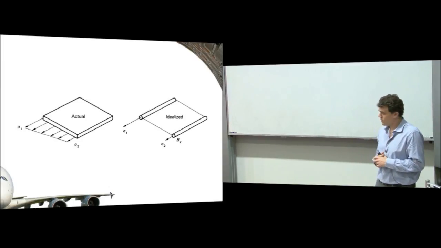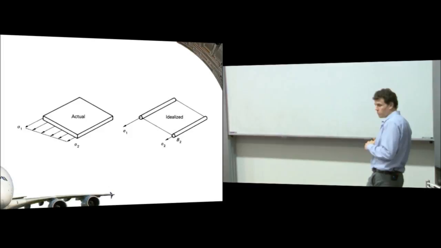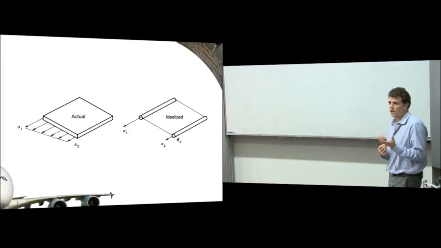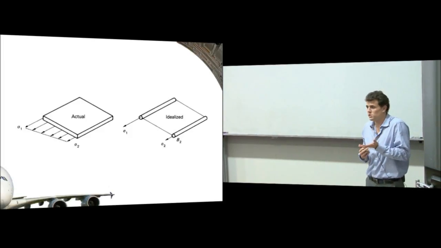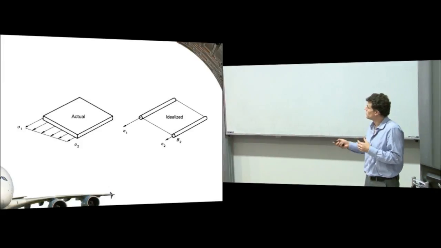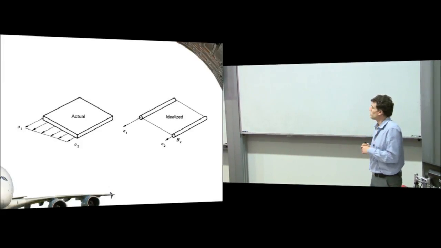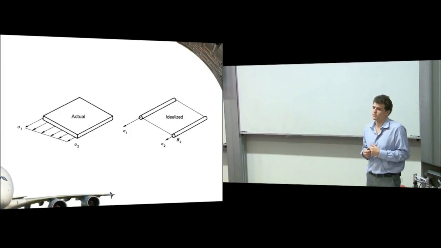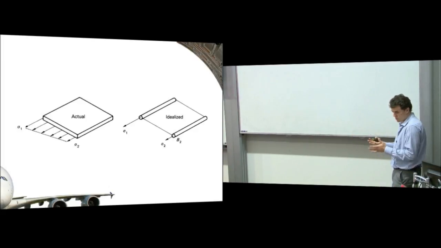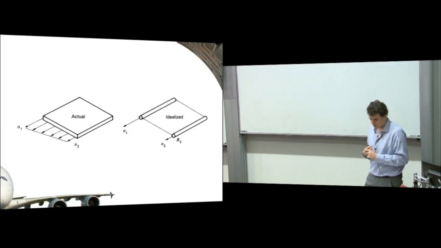Now, the assumption that we make is that the booms carry all the direct stresses. So all the tensile and compressive direct stresses are carried by the booms, and the panels carry all the shear stresses. So anything that is in shear is carried by these panels. Anything that's acting in tension or compression is carried by the booms.